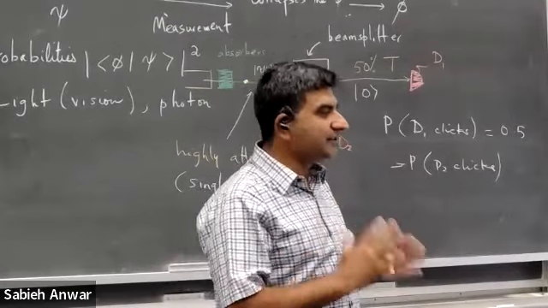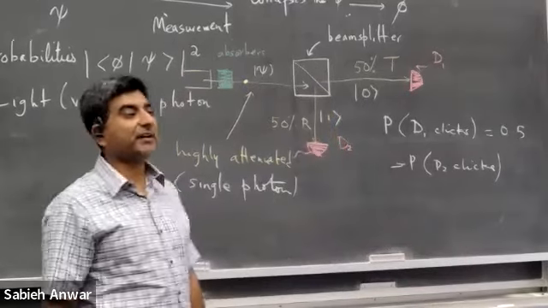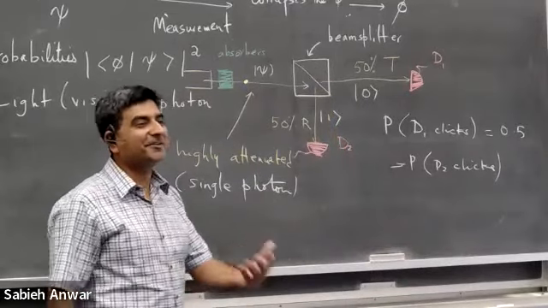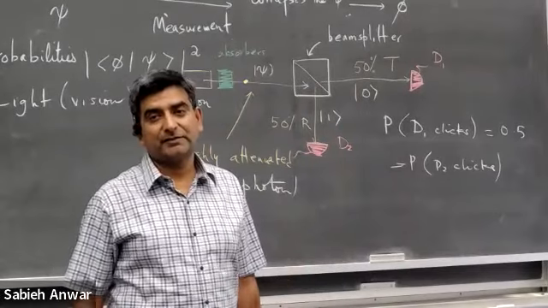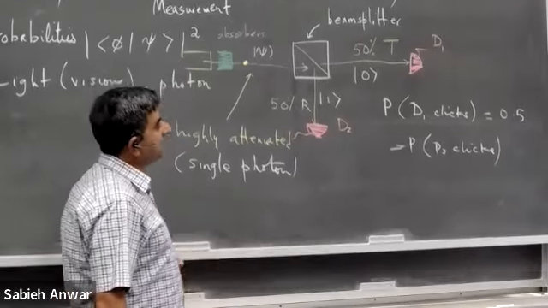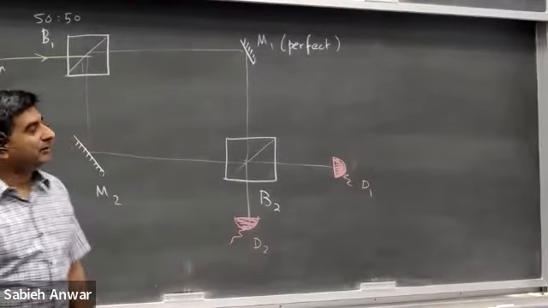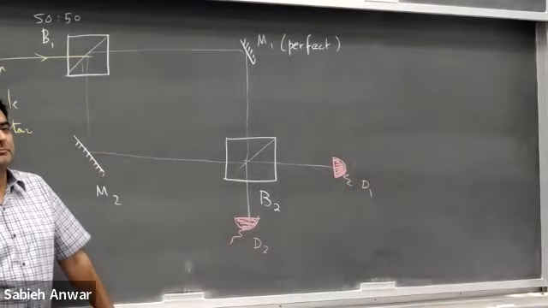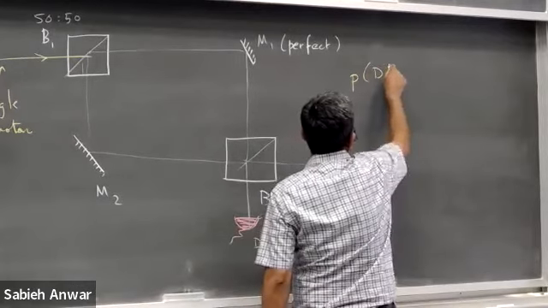By the way, there's another theorem in quantum mechanics which says that you cannot clone quantum states, but that's beyond discussion here. Anyway, if you were to repeat this experiment with this setup, what's the probability that D1 clicks?